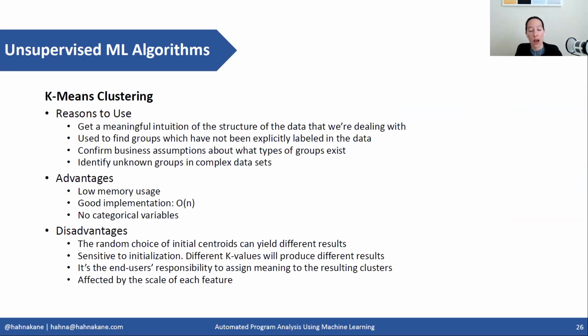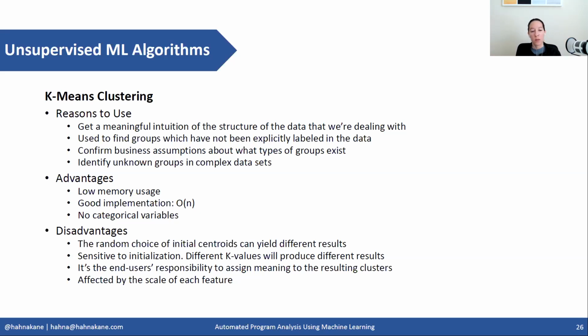And it can also help identify unknown groups or relationships in very complex data sets. It only utilizes a low amount of memory. It's a good implementation, so performance usually isn't an issue, and it doesn't require categorical variables, meaning categories of, hey, malware, benign, etc. You can use numerical data and you're fine.